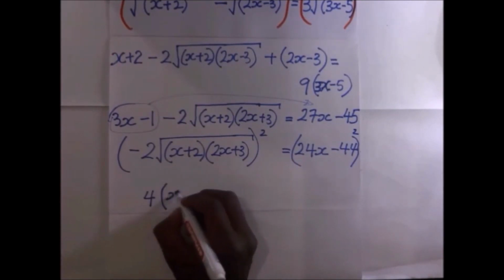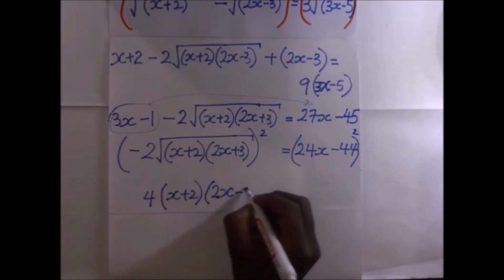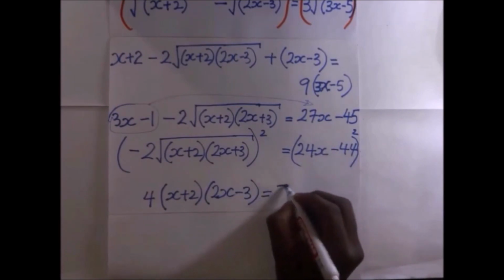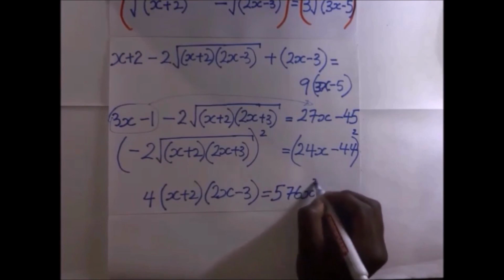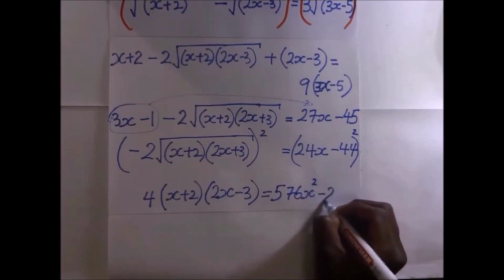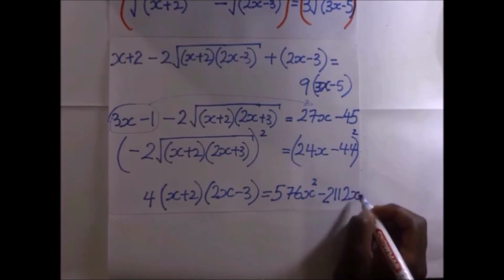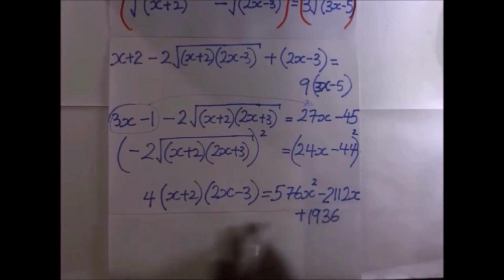When you square both sides, we are going to end up with 4 into x plus 2 into 2x minus 3, and squaring that side is going to give us 576x squared minus 2112x plus 1936.